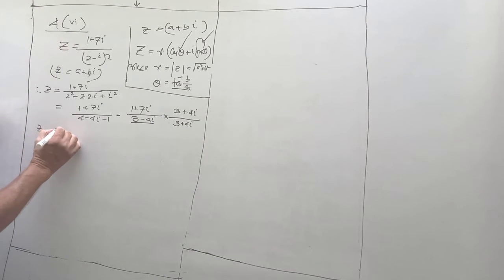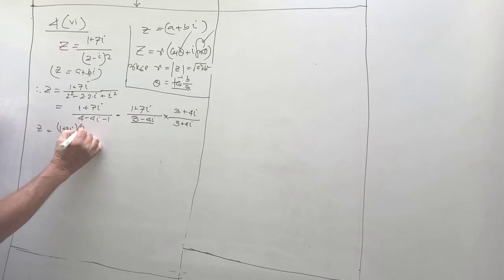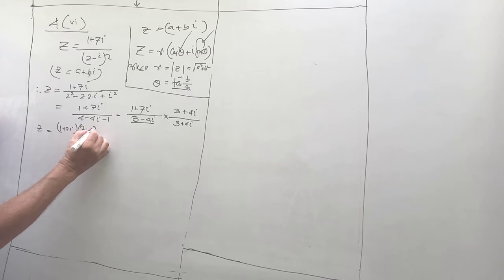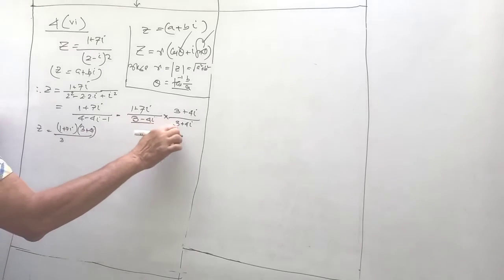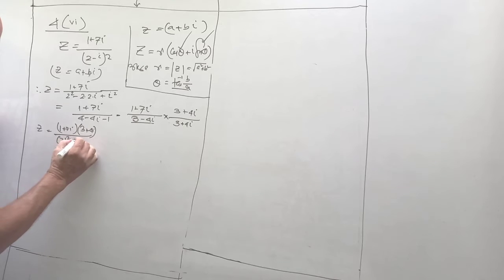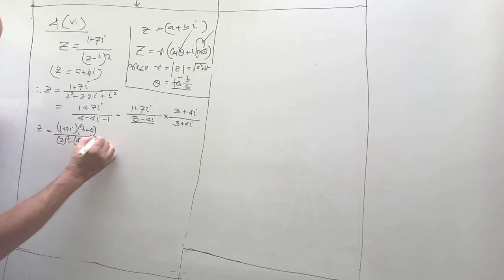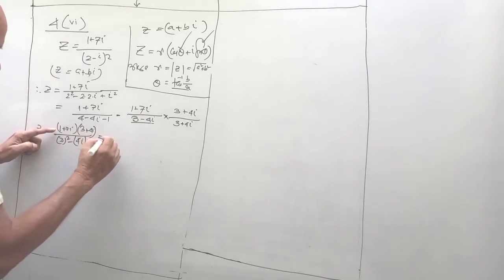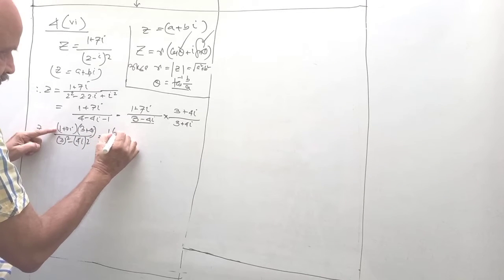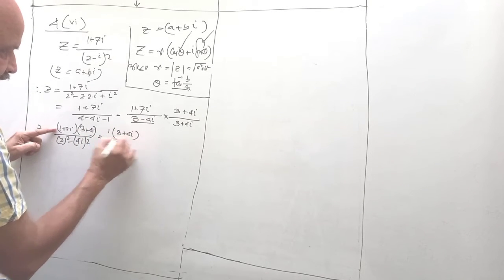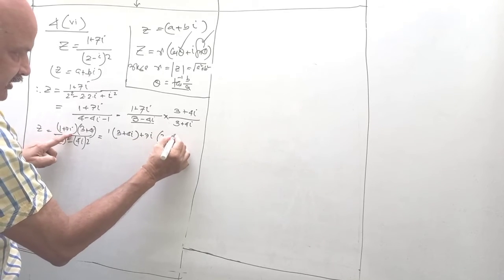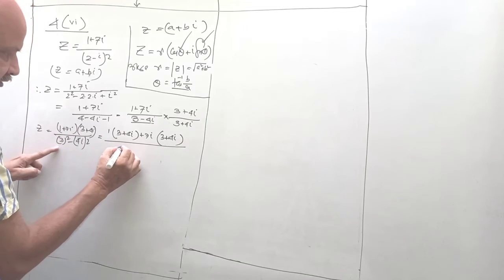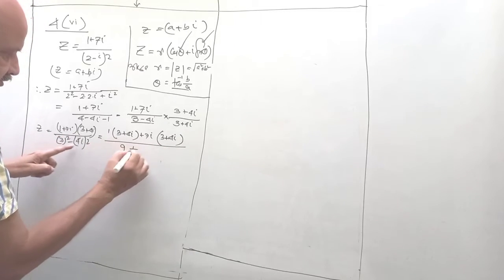Now (1 + 7i) into (3 + 4i), multiplied by (a − b)(a + b) equal to a square minus b square. Now it is to be simplified: 1 into (3 + 4i) plus 7i into (3 + 4i), divided by 9 + 16.